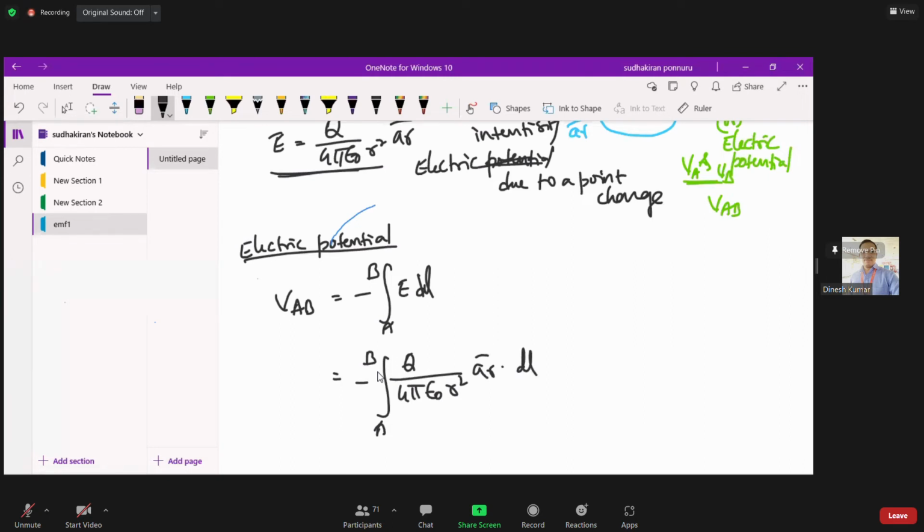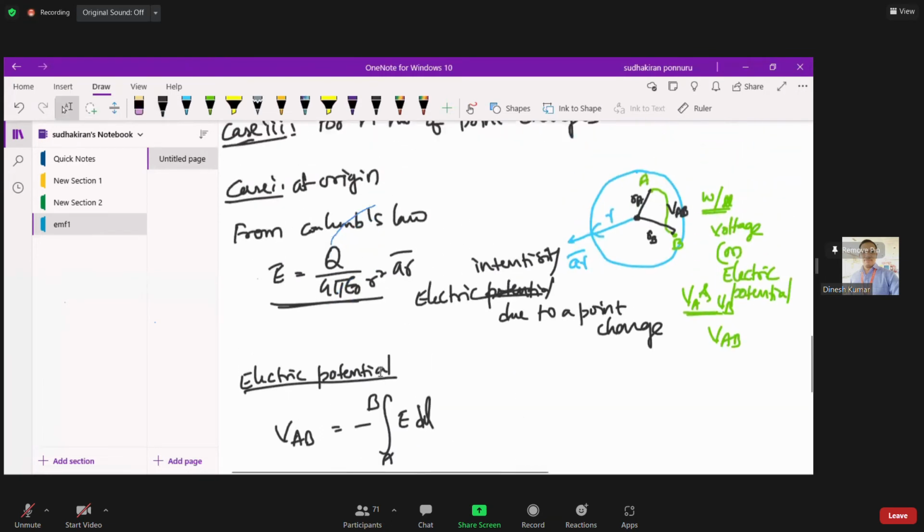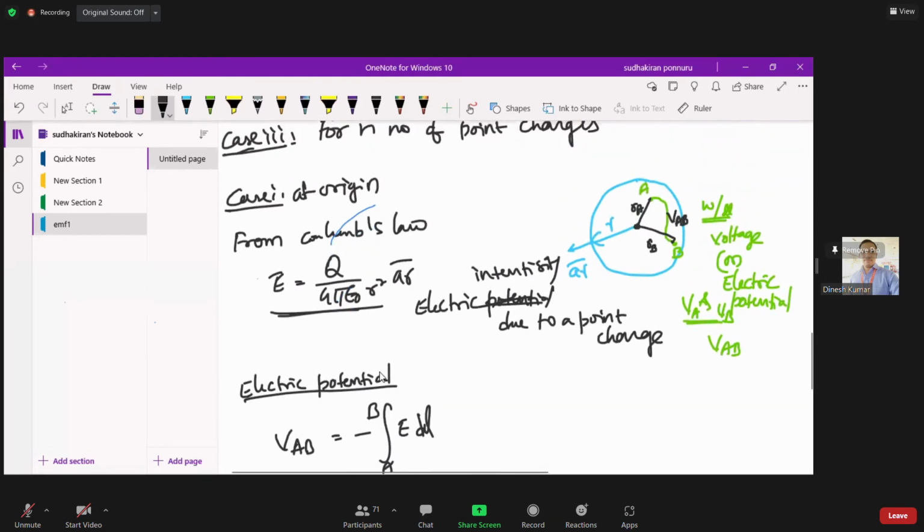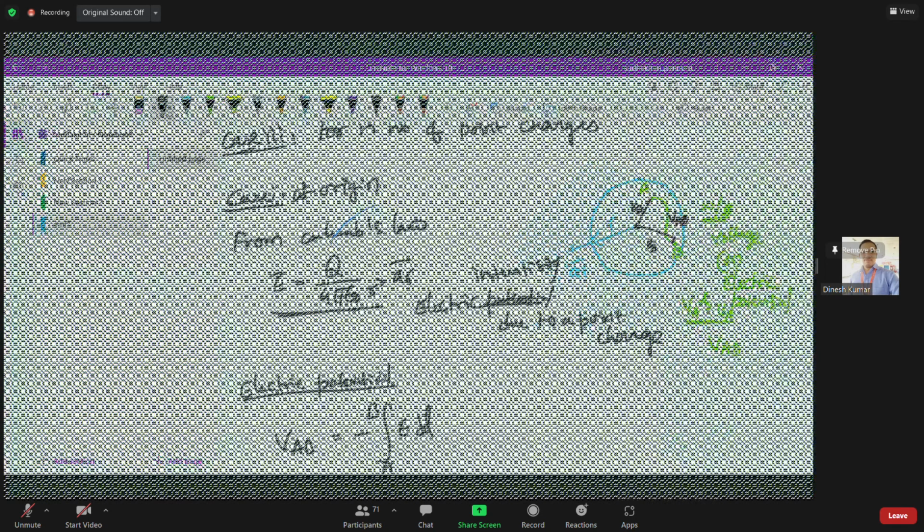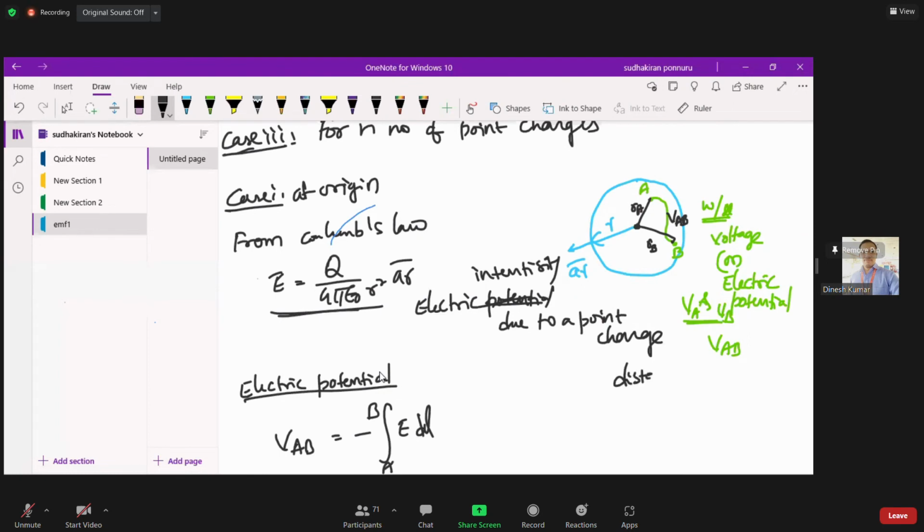And what is dl? See here, it is the distance vector. The distance vector here is forming in the form of a sphere. Distance in the form of a vector is a displacement. So in the formula it is dl bar, and here it is a sphere.